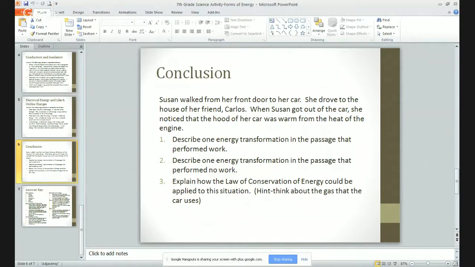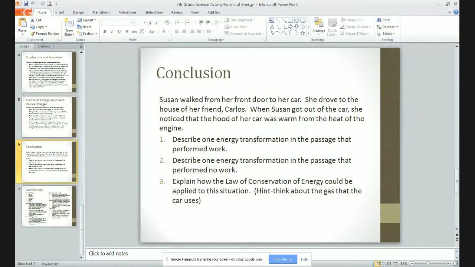And then number three, you needed to explain how the law of conservation of energy could be applied to the situation. So the gas that the car is going to use gets transferred from being chemical energy, it's kind of like the food for the car, into mechanical energy.